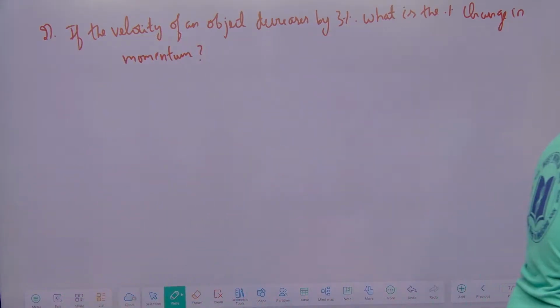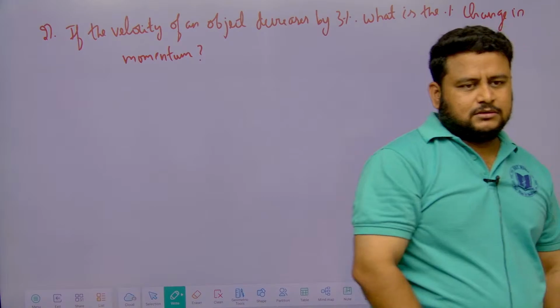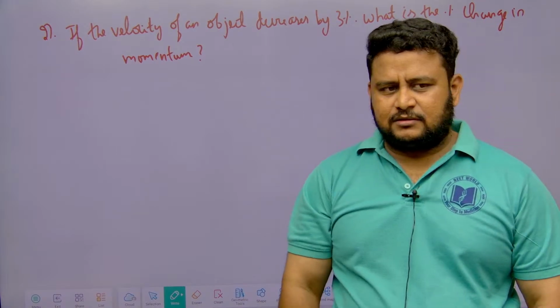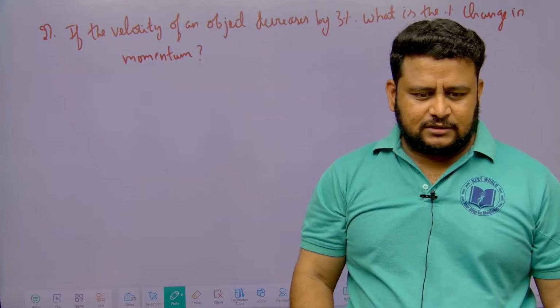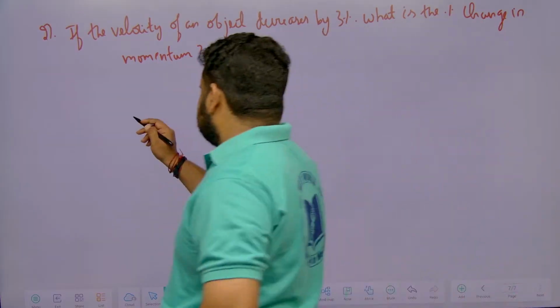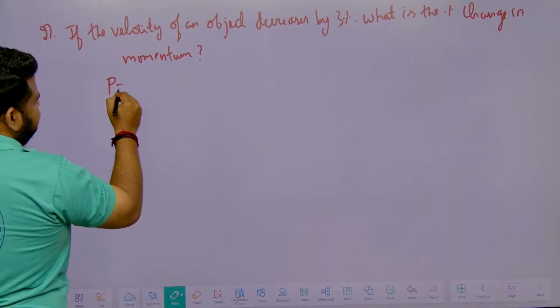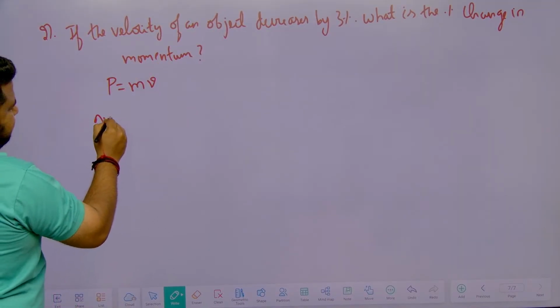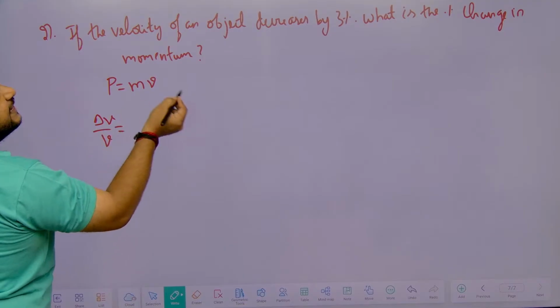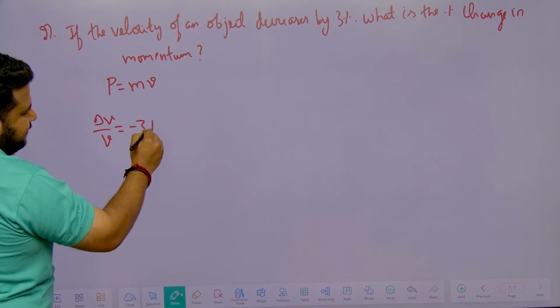For this also you can use either method. See, P is equal to mv. If there is a change of 3% in velocity, here also there will be a change of 3% only. Directly you can write otherwise. As for binomial expansion, delta V by V is given as a decrease, so it will be minus 3%.